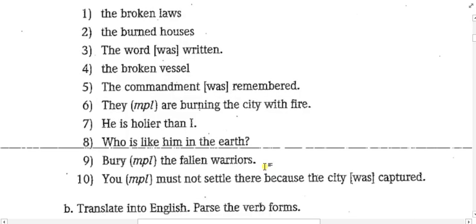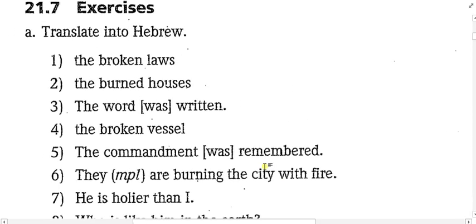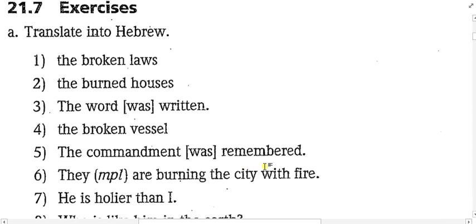All right. So then are there any questions on section A, 1 through 6? Yes, in the back. This is a more general question relating to translation homework. Are you required to use the direct object marker, specifically from English to Hebrew?